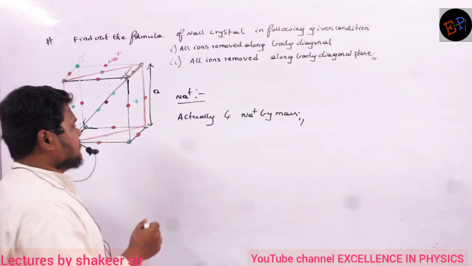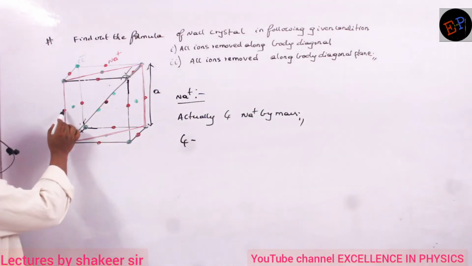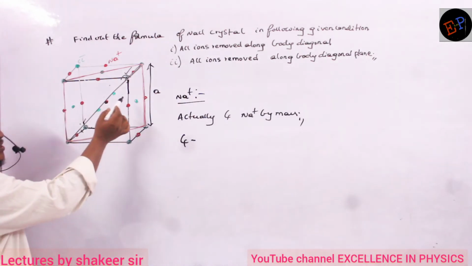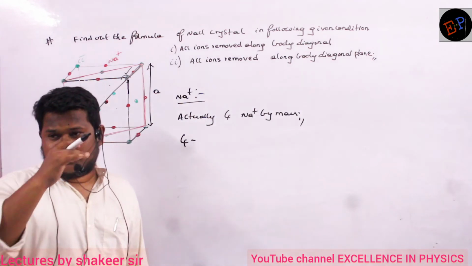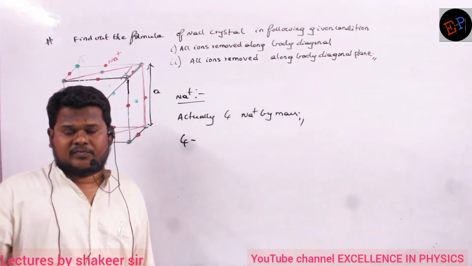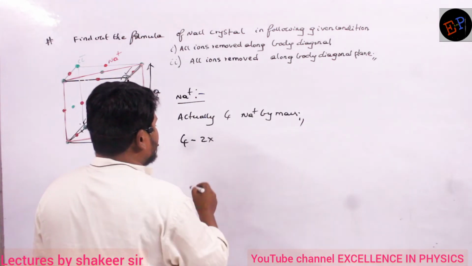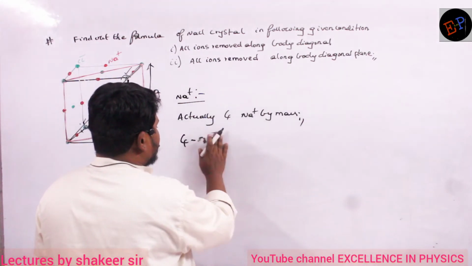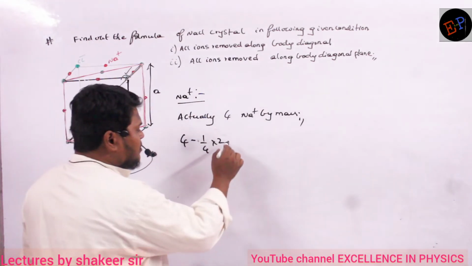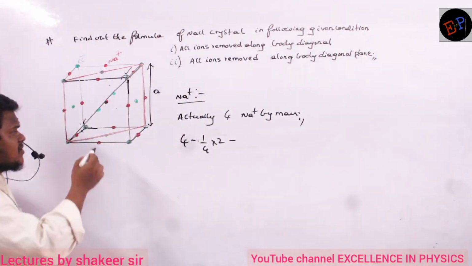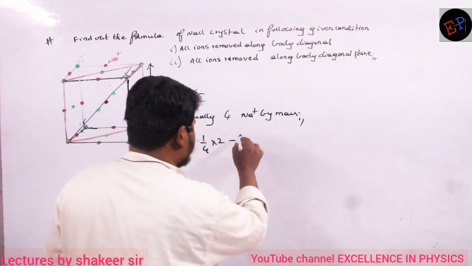Now see. So 4 minus, okay ma? What is the contribution of these two atoms? 1/4. Why 1/4? Because they are present on the edges. So therefore I will write 4 minus 2 into 1/4, or 1/4 of 2 atoms, minus, now what about the atom which is present at the center? Its contribution is 100%, 1. Clear, no?